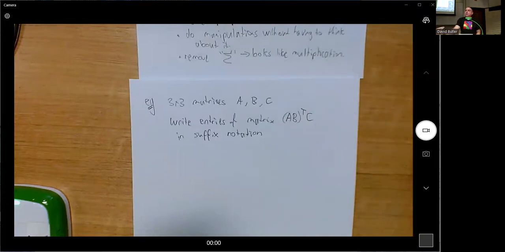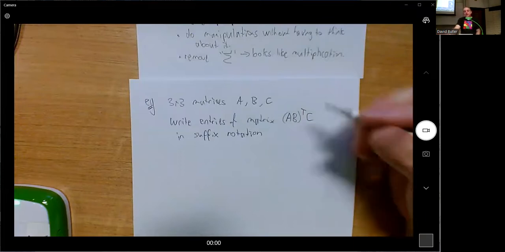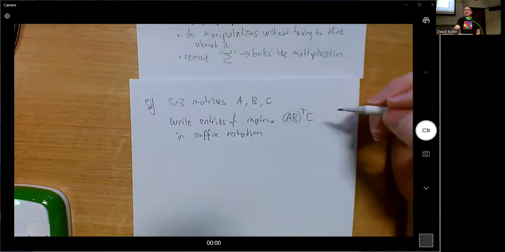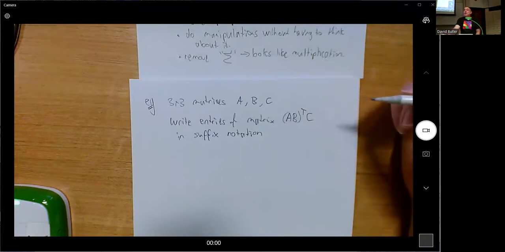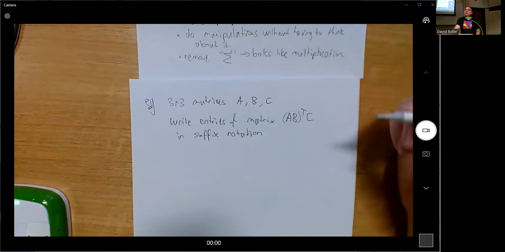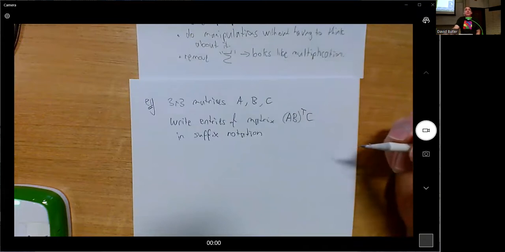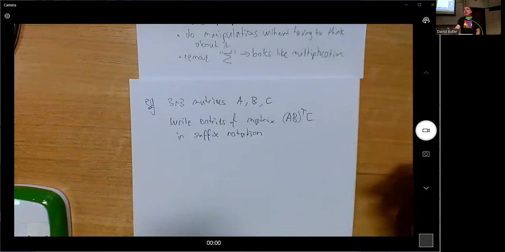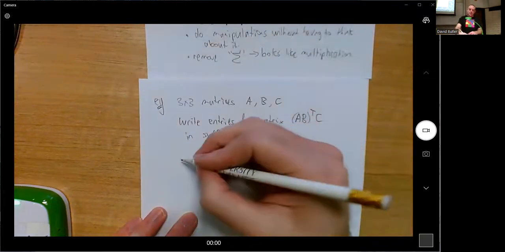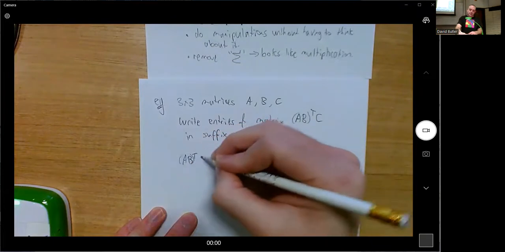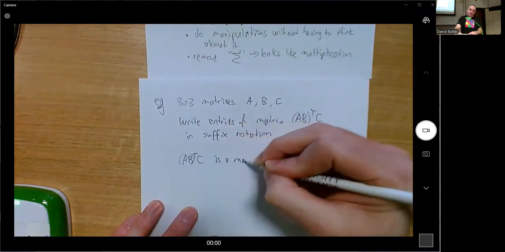So, right. I know that the entries of A, B transpose C will be something sub ij. There'll be a row for i and a column j, and there'll be an entry in that position. So that's what I'm imagining in my head, that A B transpose C is a matrix.